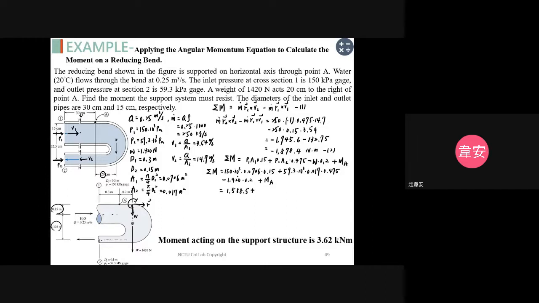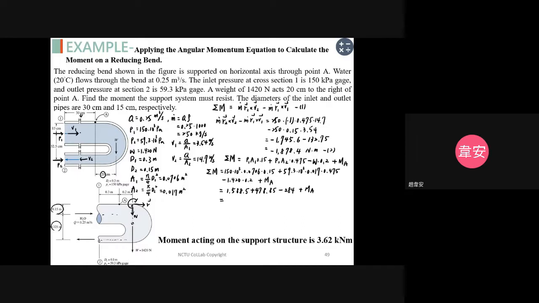So this is plus 478.85, minus the 1420 total weight multiplied by 0.2, which is 284, plus the moment A.